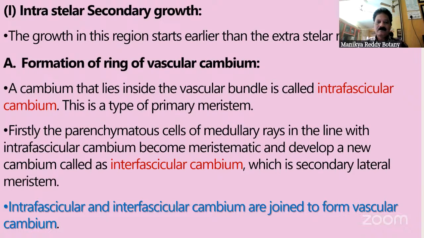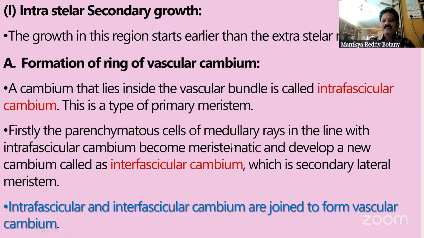That meristematic tissue is called primary meristem since it has not changed from the embryonic stage. It remains meristematic even in the primary body. That primary meristematic strip between xylem and phloem is called vascular cambium, or intrafascicular cambium, or fascicular cambium.